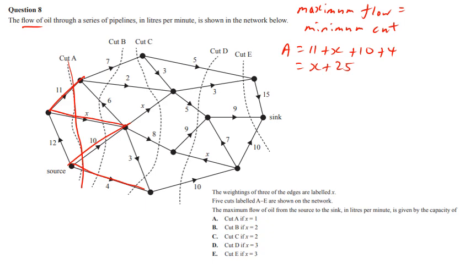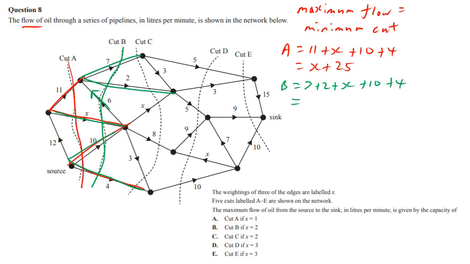Now, let's do B. We'll do it in a different color. So B, I think I spotted some backflow already. Did you spot that? So we got 7 plus 2, not plus 6. This is going that way. There's our backflow. There's X. There's our 10 again. And there's our plus 4.